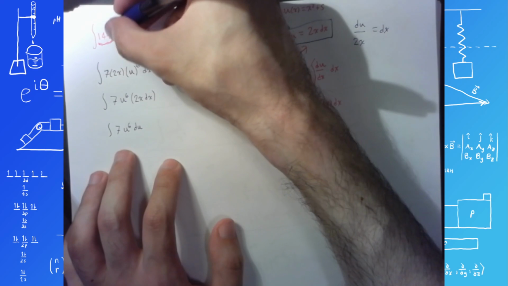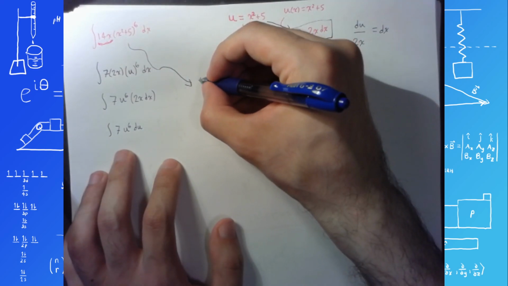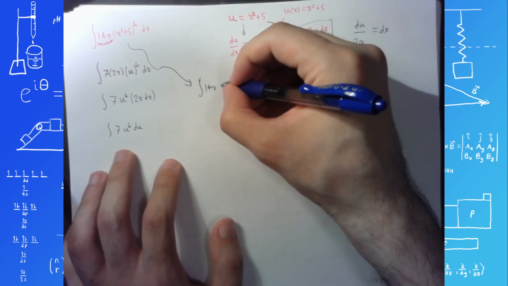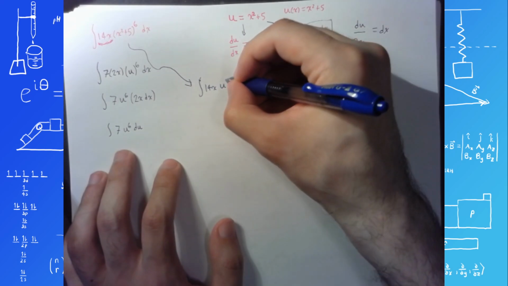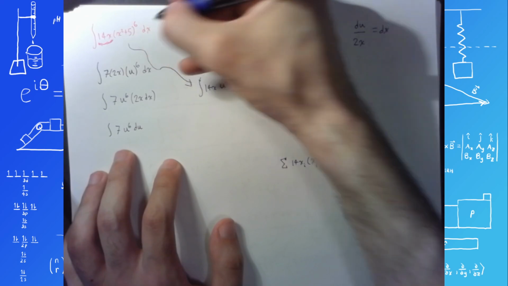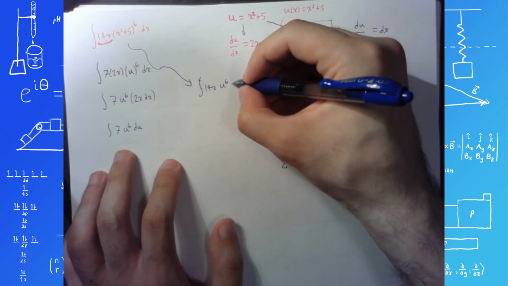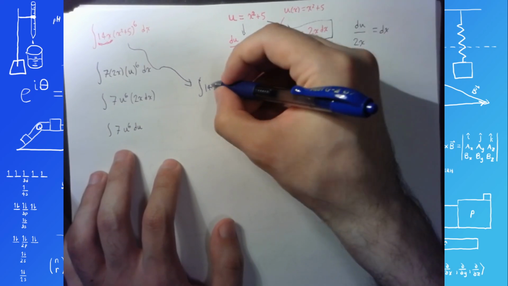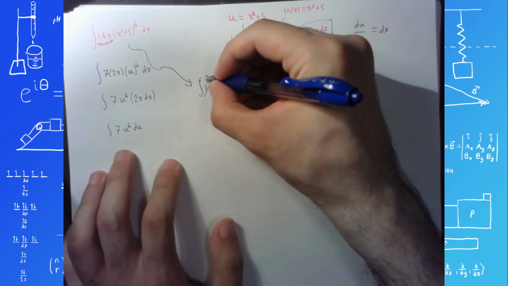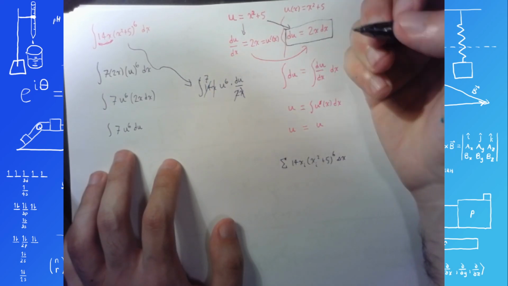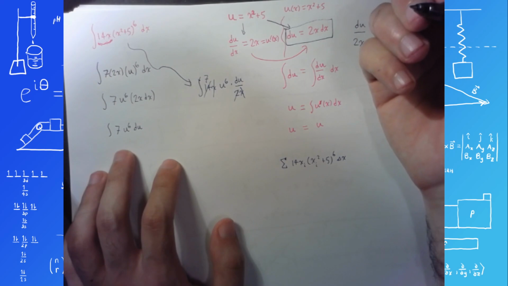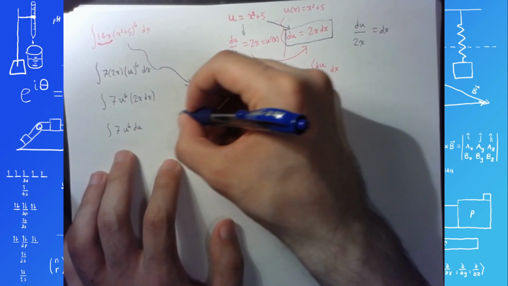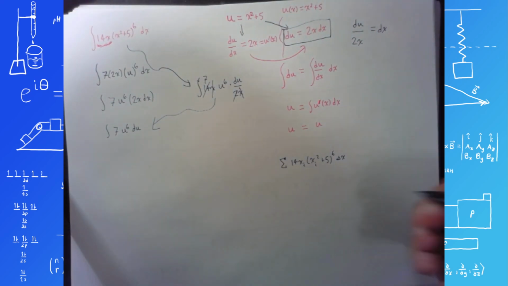From the very beginning, from here, you could do integral of 14x, and then x squared plus 5 to the 6 becomes u to the 6, and then replace the dx with du over 2x. 14 over 2 reduces to 7, and then x over x cancels out. And you'd end up with 7u to the 6 du. Same result, different routes.